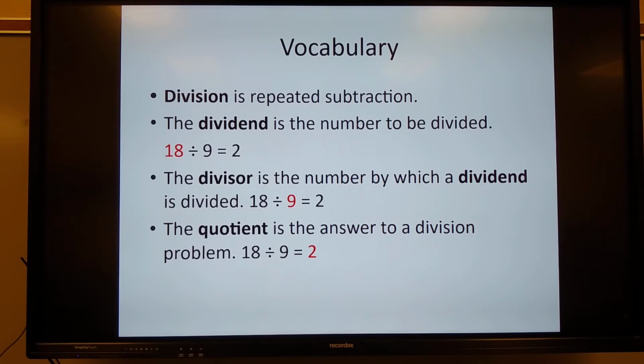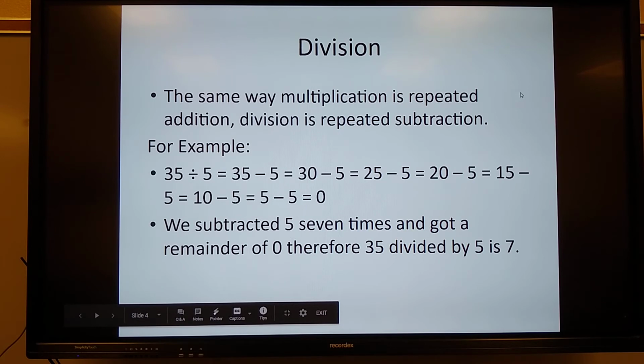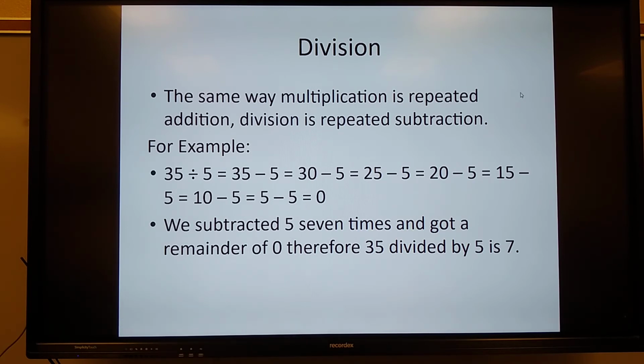The quotient is the answer to the division problem. 18 divided by 9 equals 2. 2 is how many times we subtracted, because remember, division is repeated subtraction. So we subtracted twice to find our answer. 2 is the quotient. The same way multiplication is repeated addition, division is repeated subtraction.